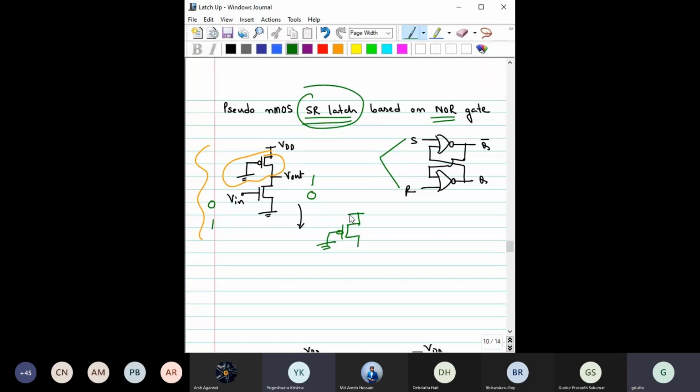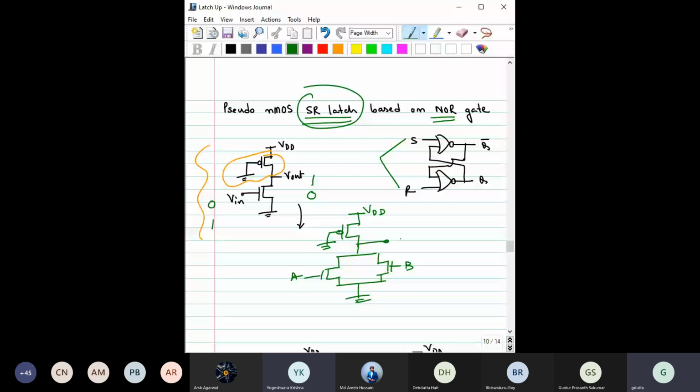Now please tell me what should I do? Two parallel combinations, right? This is A, B, ground.